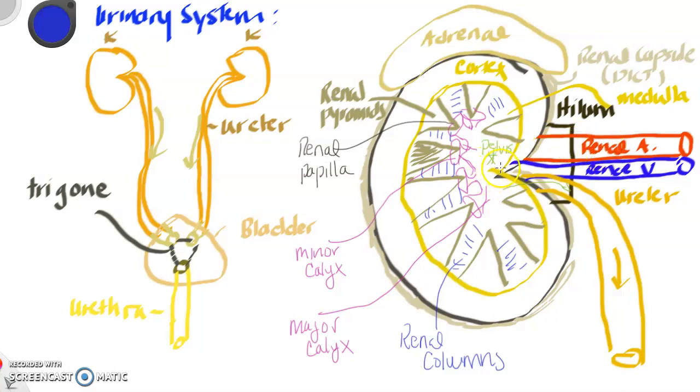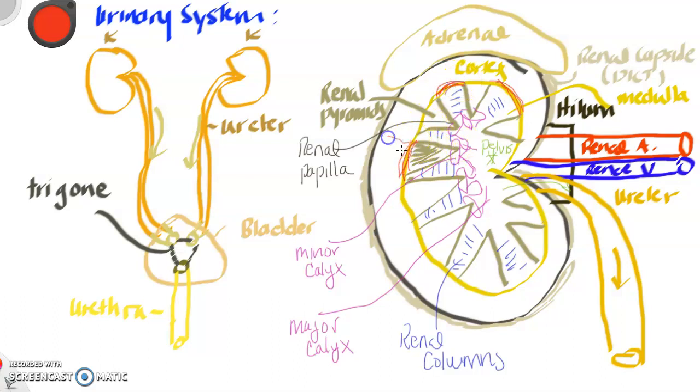It breaks apart into something called segmental arteries, and then it breaks apart again into interlobar arteries and veins, and they go up the columns. And then in the columns, those arteries branch off into these little arteries that go across the tops of these pyramids, and they're called arcuate arteries.